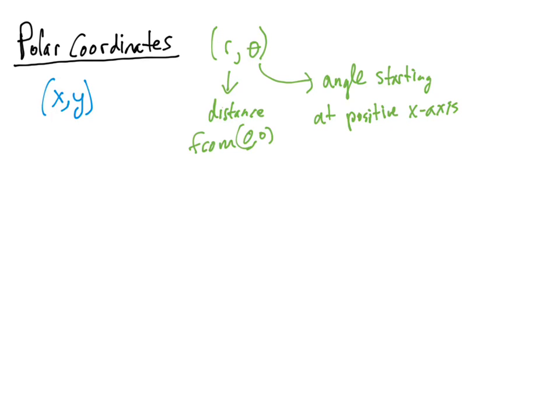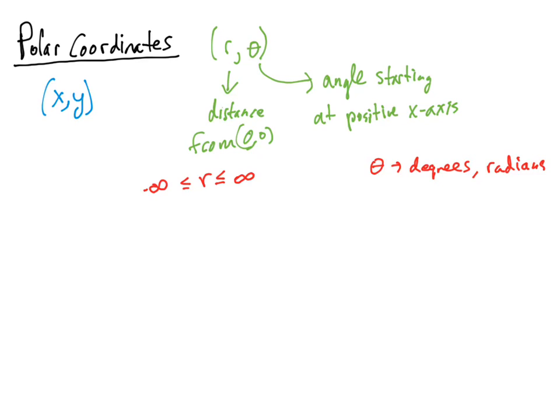The r value could be positive or negative, so the r value could be between negative infinity and positive infinity. And the theta value, we can write theta in terms of degrees or radians.